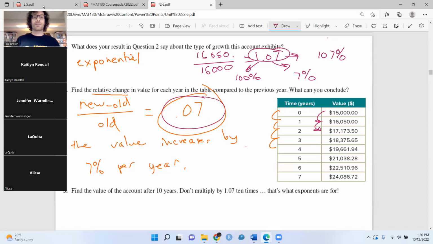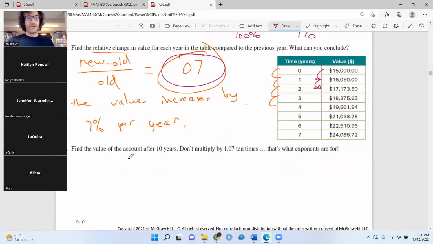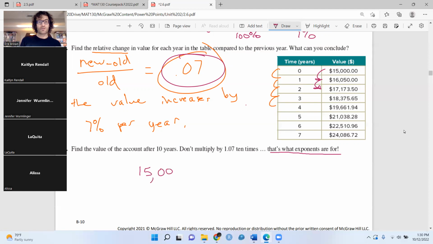The other number is the percent we're adding in. Okay, can you find the value of the account after 10 years? Our author is giving us a hint. We need exponents. This is what I'm suggesting you type into Desmos: 15,000 times 1.07 10 times, or raise it to the 10th power. See what you get.